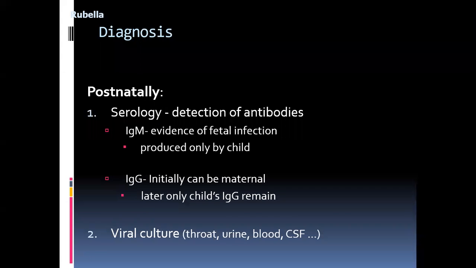So how can we diagnose a case of rubella virus infection? There are some tests done postnatally. Postnatally, there is serological examination, with detection of antibodies, IgM, which is evidence of fetal infection and can be produced only by the child.